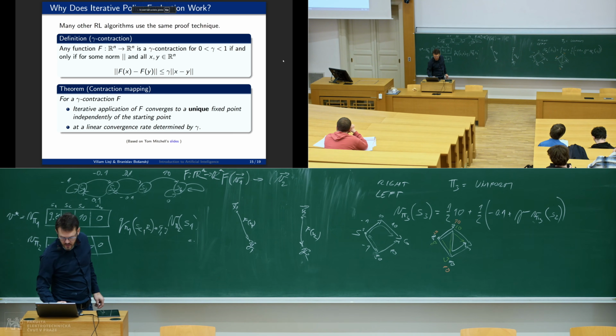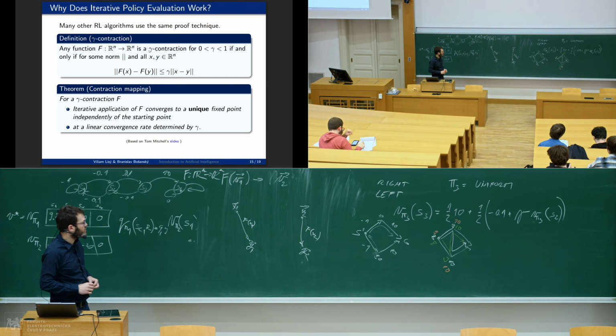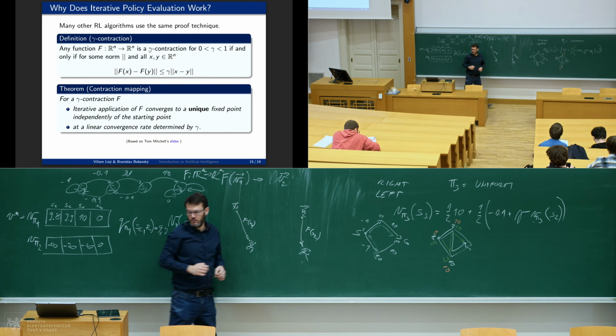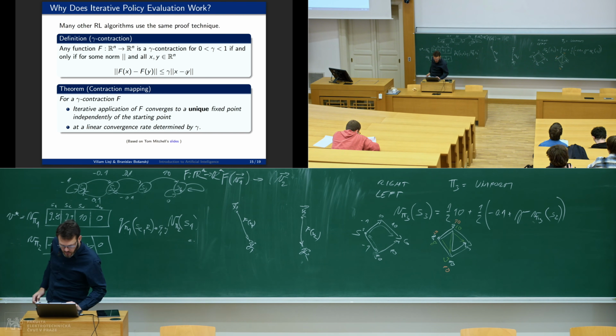Right? So it's a gamma contraction if it's not just closer, but at least gamma closer. If you take the distance between x and y, and then the distance between f(x) and f(y), f(x) and f(y) will be at least gamma closer than x and y were.